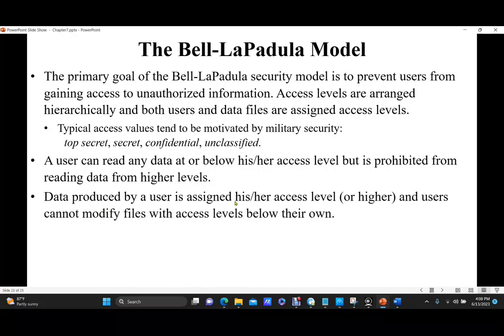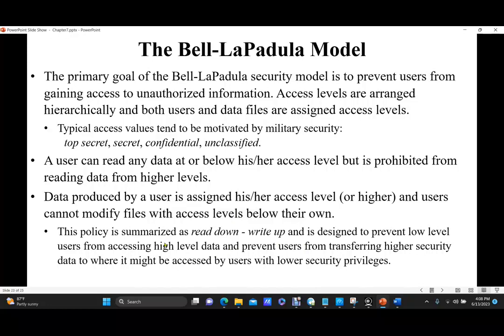Data produced by a user is assigned his or her access level or higher, and users cannot modify files with access levels below their own. Summarized as read down, write up: read lower level security, but cannot write lower.